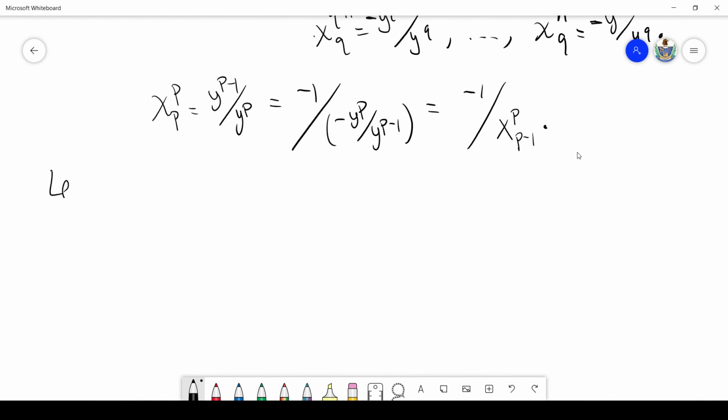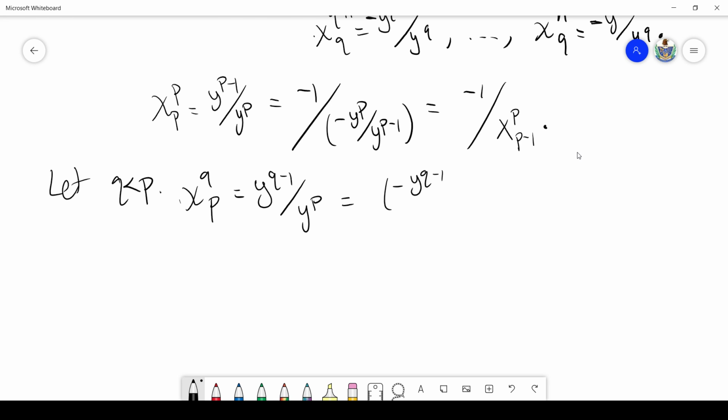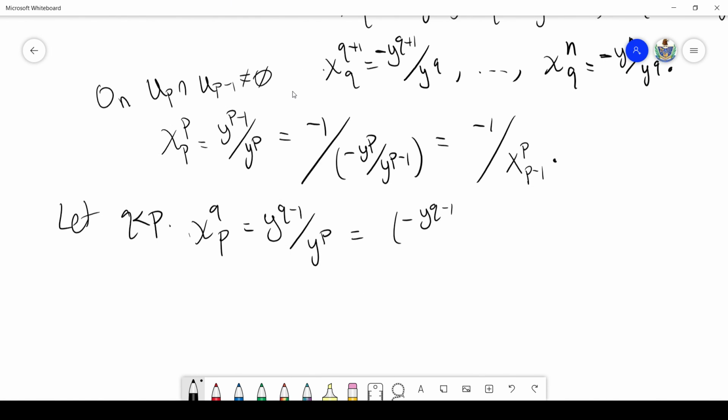Next, we're going to assume that q is some number less than p. Then xqp is going to be yq minus 1 over yp. And then we essentially normalize. So here we're working on Up intersect Up minus 1, which is not empty. This is just the space where yp is not equal to 0 and yp minus 1 is not equal to 0.